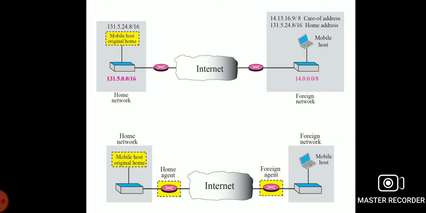The subscriber is first attached to the home network, and to connect to the internet protocol network there is the foreign agent, which has the home address and also the care of address. So whenever the subscriber moves from one autonomous area to another autonomous area, the mobile user identifies the care of address to interconnect with the server of the internet protocol.